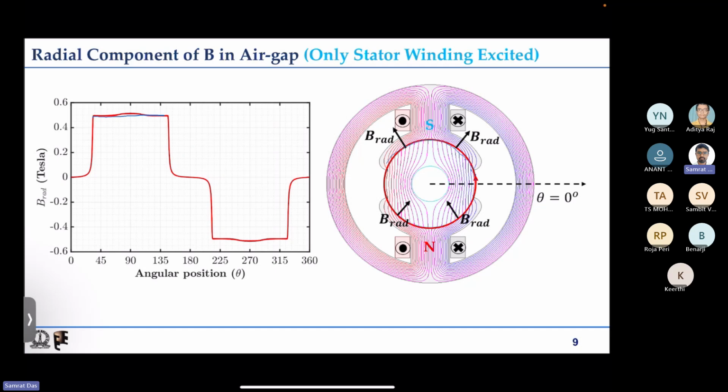In the interpolar regions, you have hardly any flux lines. That is why you have nearly zero flux density in these regions. And again under the opposite pole, that is under the north pole, because flux lines are going in the inward direction, you have a negative value of B radial in this case.